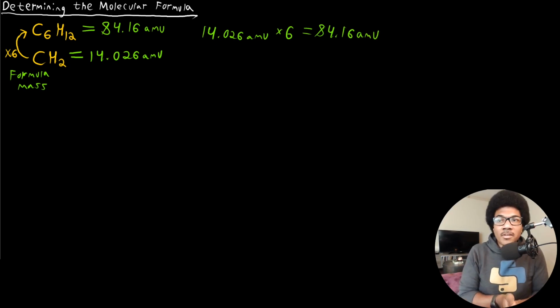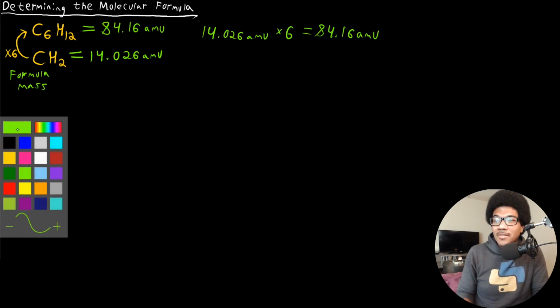So in order to determine the molecular formula, all you need to do is first determine your empirical formula, calculate a formula mass for that empirical formula, then establish a ratio between that formula mass and your molar mass.